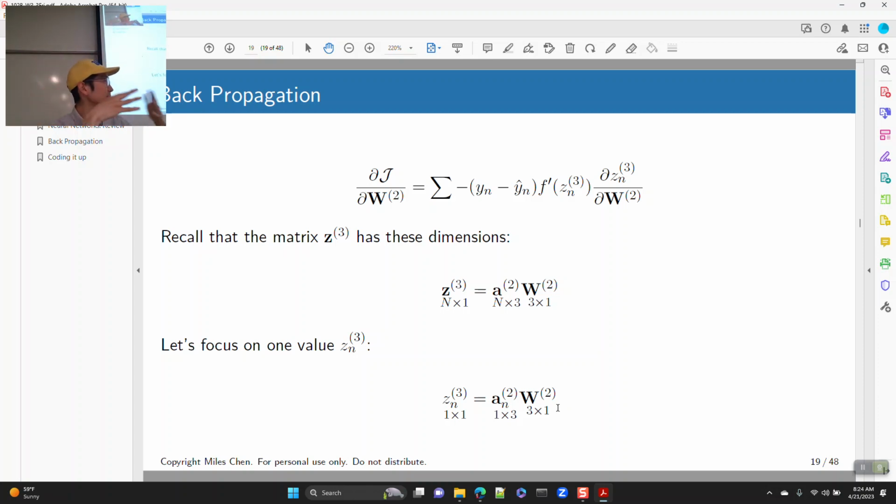This is like an inner product between these two vectors, and the output is going to be a single scalar value, after a linear combination of these values. Okay, and so the question is, how does this single value, z n3, change with respect to W2?